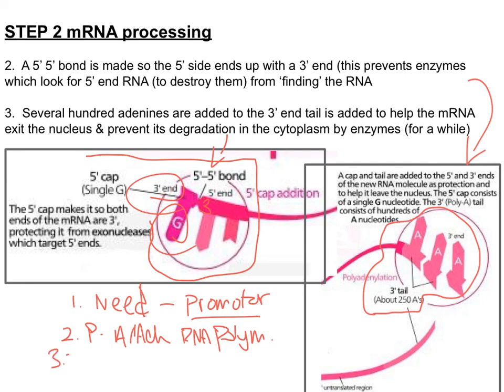Then we're going to do translation. And then finally, we are going to process. So this is the fourth step. We're going to process the mRNA. And what does process mean? It means we're going to take out the introns and exons, and we're going to add the 5' cap and poly A tail. There it is.